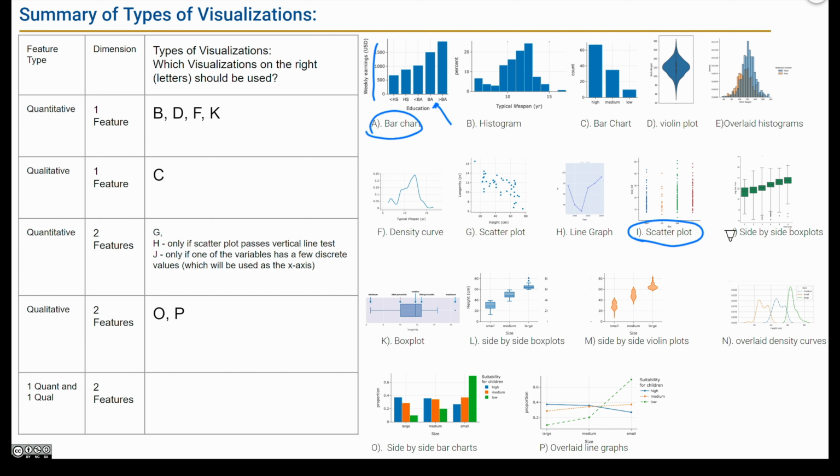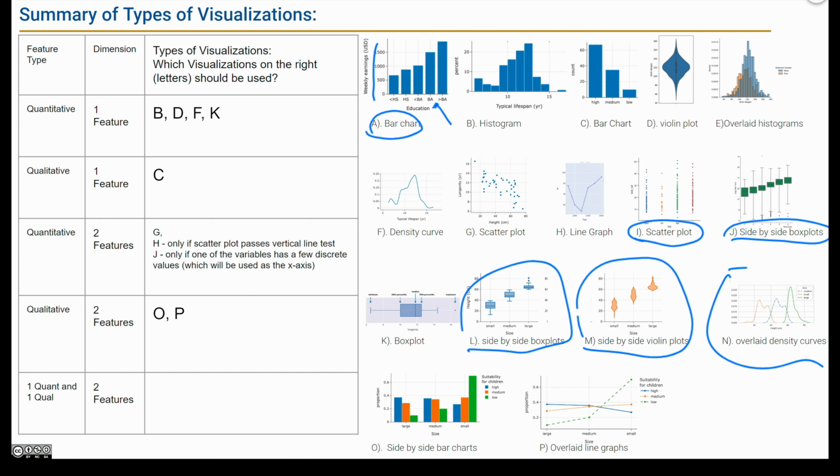So you can do side-by-side box plots, which again would help with any overplotting you might have here. We could do side-by-side box plots, side-by-side violin plots. Those work great as well. Overlaid density curves could also work here if you have just a few different categories in your qualitative variable. It'll start to be pretty intense if you have a lot of categories.